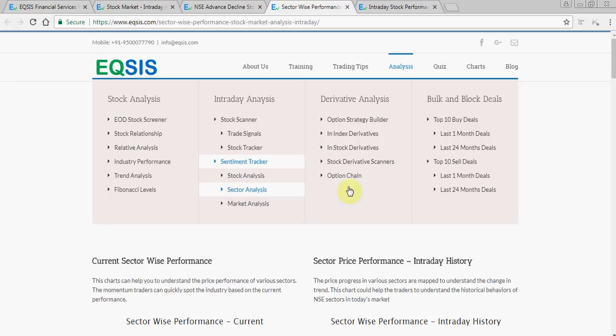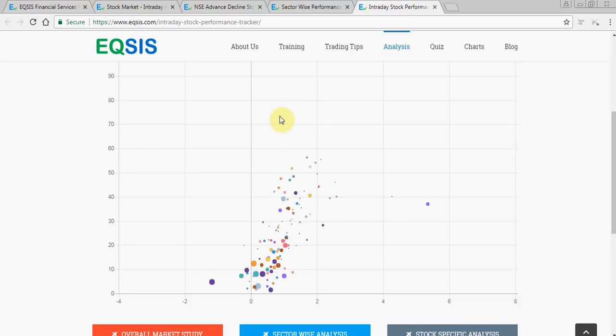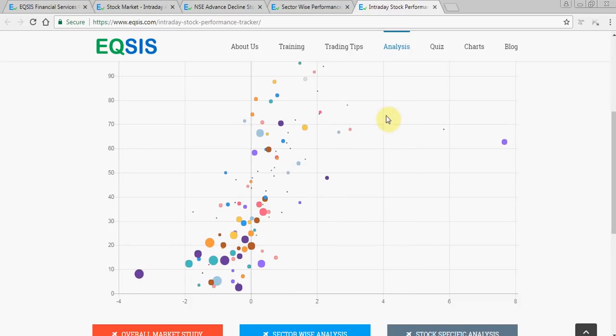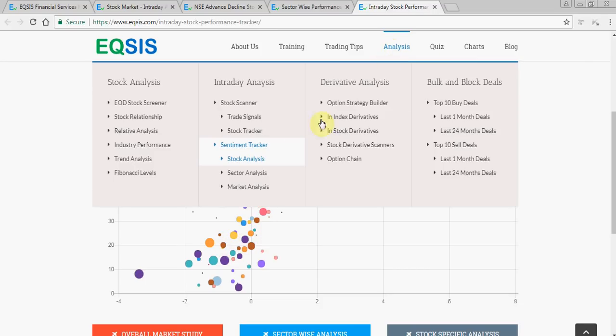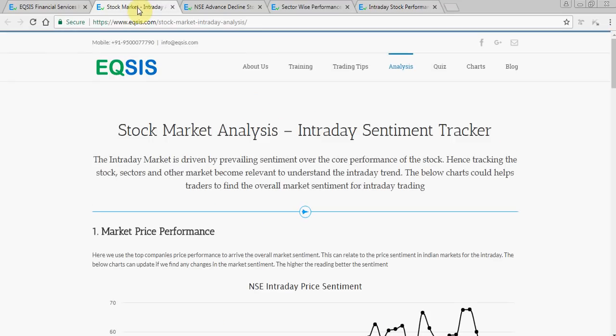So this is the sector analysis, and we have a fourth tab, which is about stock analysis. Don't get excited about the different types of charts here, I'll explain everything. I request you once again, you really need a lot of patience to understand it. And by any chance, if you miss any content, it's not that easy for people to take things in in one shot.